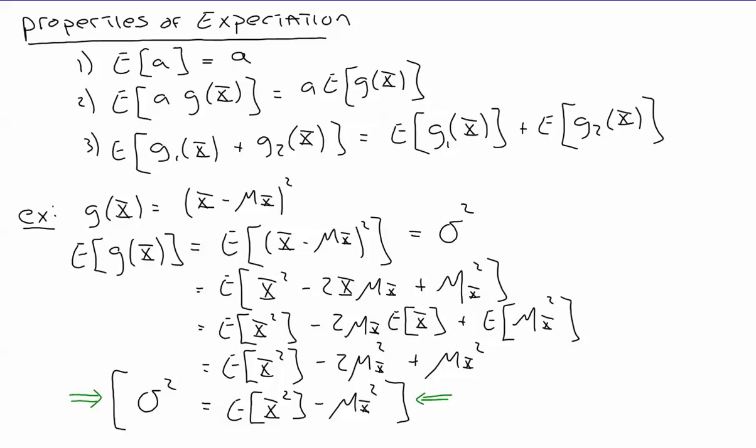All right, let's use our properties to do another example. Actually, this is a two-part example. I told you I was going to do three examples. I'm actually going to do one more example in two parts. So in this case, I'm going to let my function of my random variable be ax plus b, right?